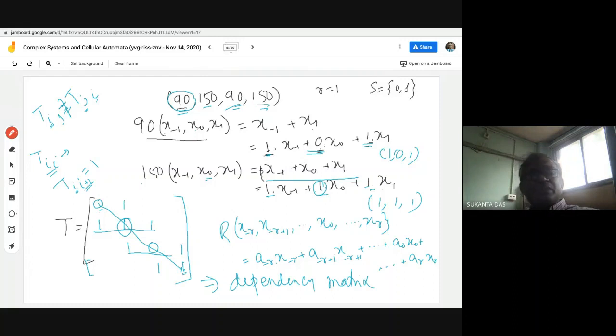See, multiplying this matrix with the basis vectors e0, e1, etc., where you have only one single 1 and all 0, in the resultant almost all entries will be 0. Only that particular cell and R positions on the upper side and R on the lower side, these many positions may be non-zero.